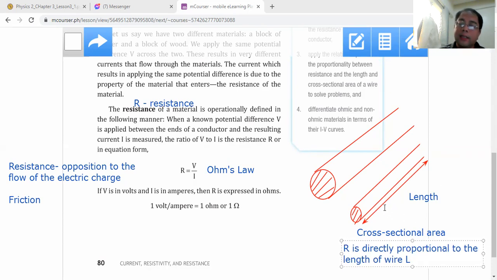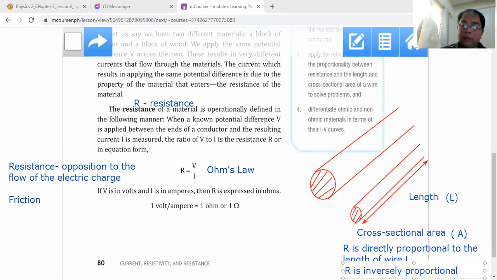However, another relationship is that of cross-sectional area. So if length is L and cross-sectional area is A, then R is inversely proportional to the area A. Meaning if the area is wider, the resistance is less.